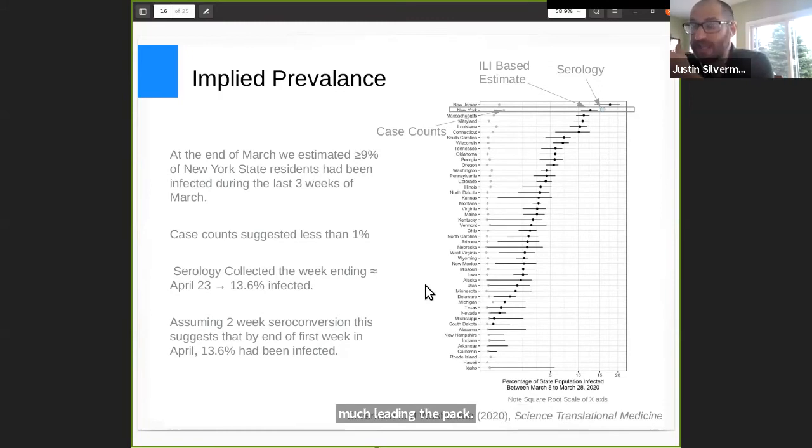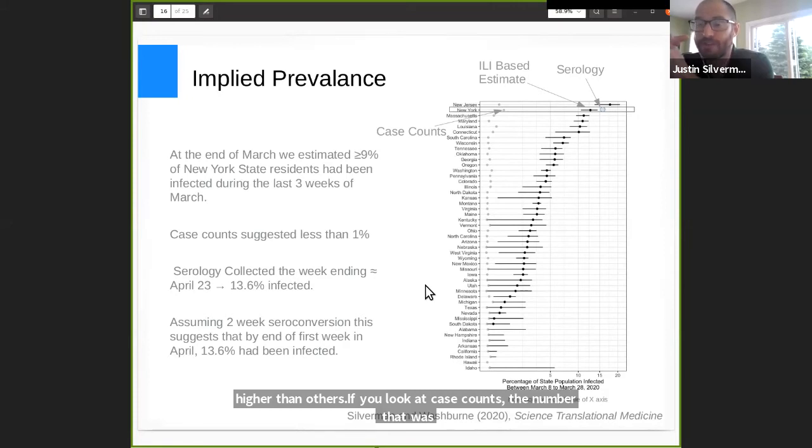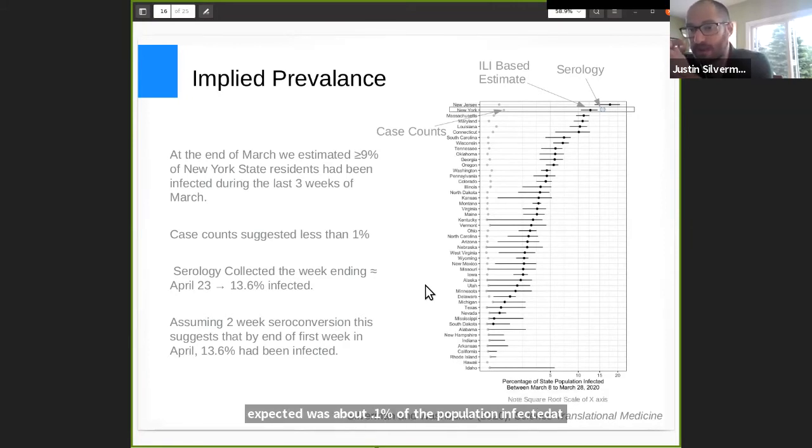If you looked at case counts, the number that was expected was that about 0.1% of the population was infected at this point. We suggested that a little over 9% of the population was infected in this 4-week time period, much higher. So this is when we got contacted by the New York governor's office. This is when The Economist picked us up.